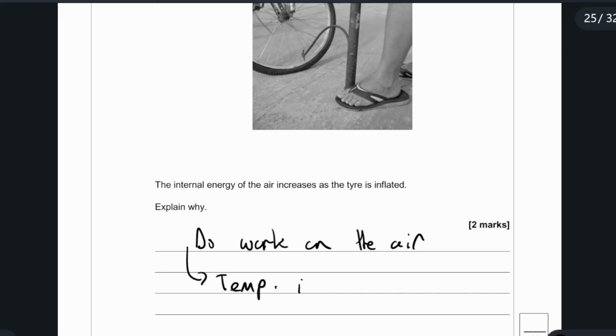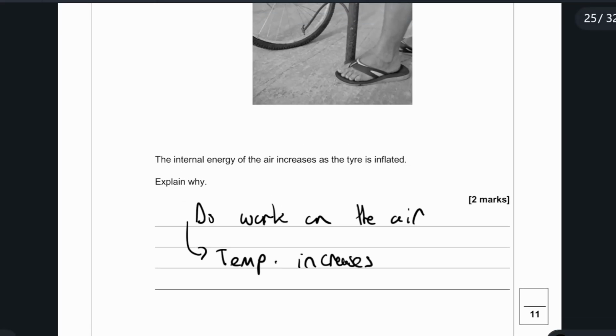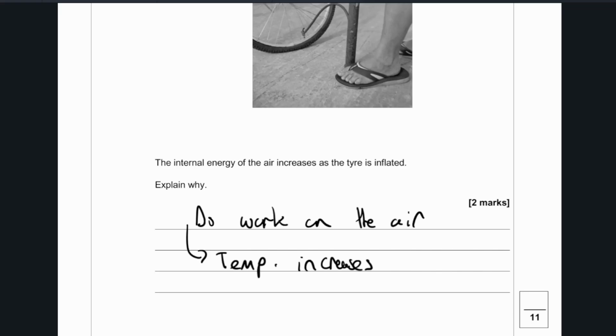When you increase the temperature, that increases the internal energy of the molecules. So when we do work on the air, that energy has to go somewhere, and it ends up increasing the temperature. It's transferred as thermal energy and then kinetic energy.